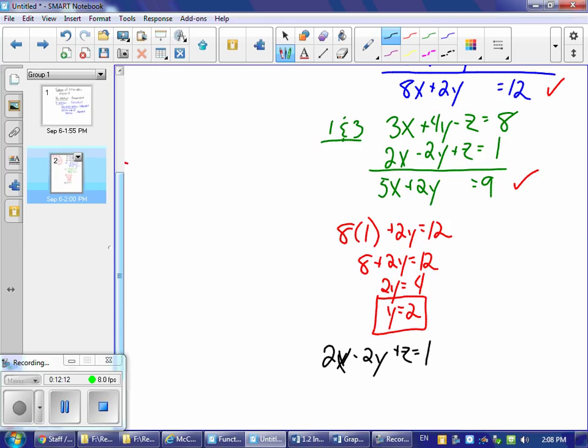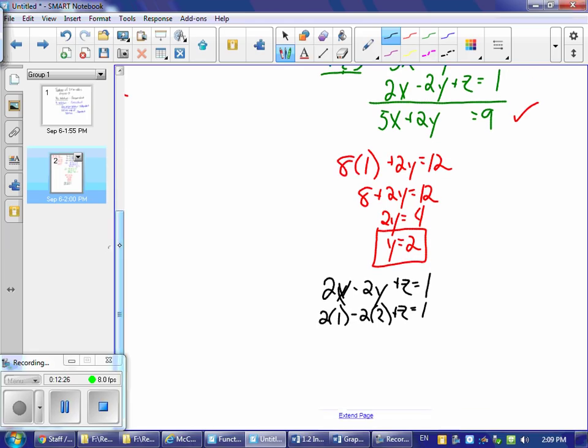So we're going to plug 1 in for x, 2 in for y, and solve for z. Again, just making sure we're following order of operations correctly.